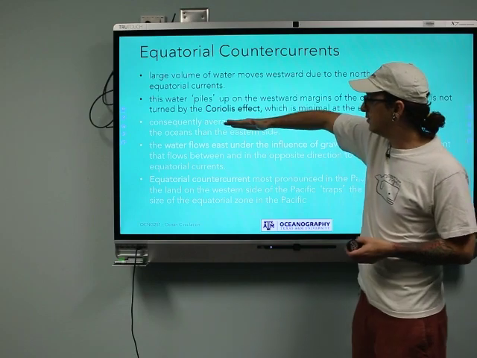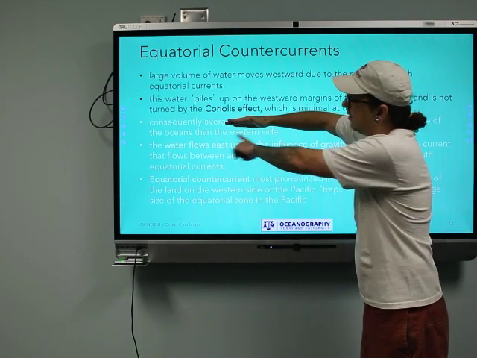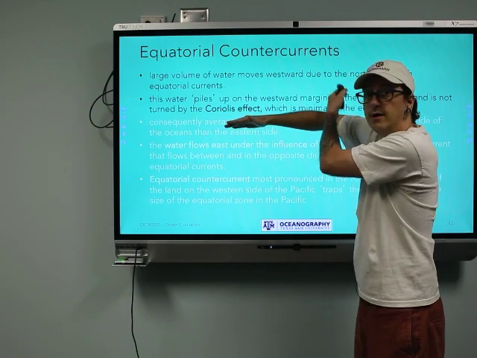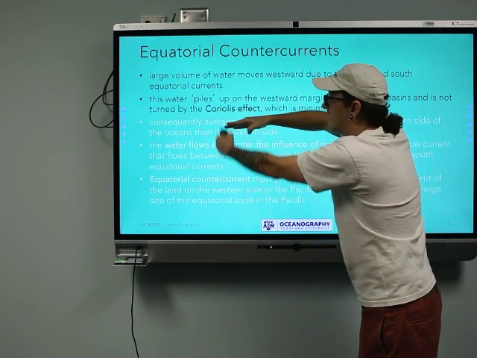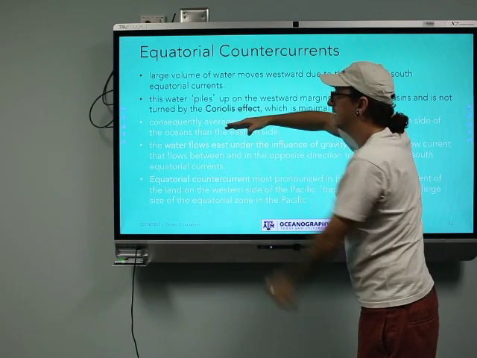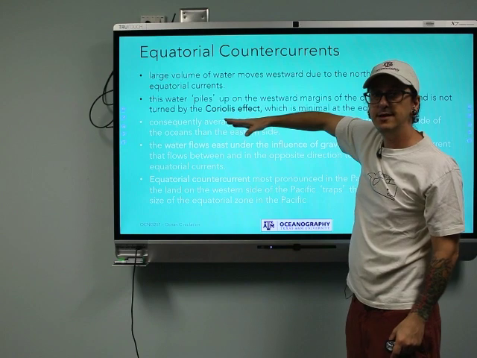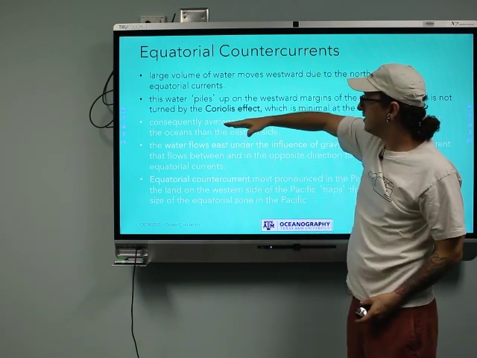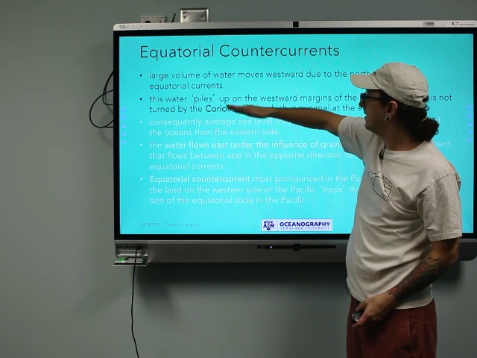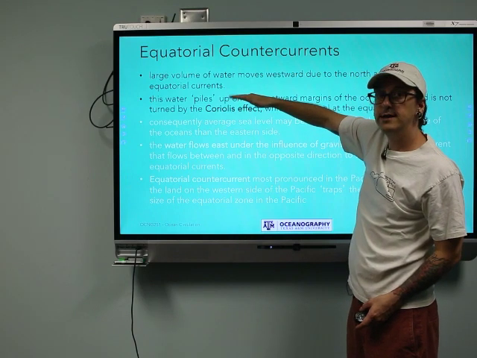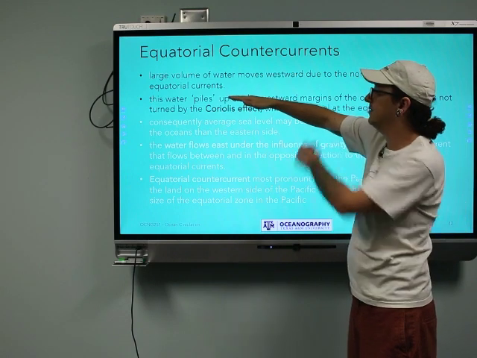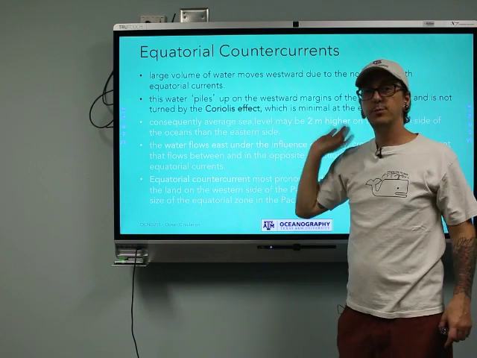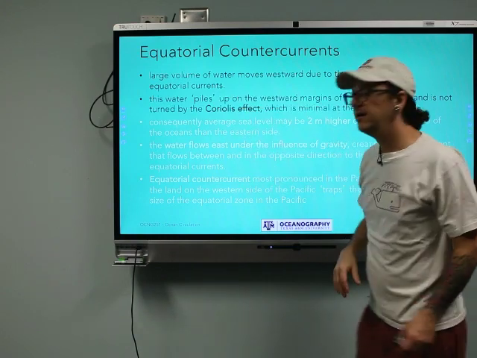So if you are looking at sea surface height across the Pacific Ocean, if this is South America over here, and this is like the Western Pacific Islands over here, like Indonesia and the Philippines, sea surface height is going to be greatly exaggerated, but it's actually kind of like that. It's much higher on the western side than on the eastern side because all of this water is pushed in that direction and it kind of piles up.